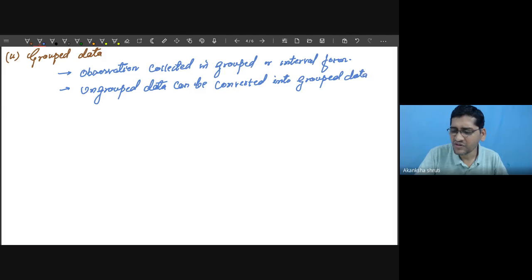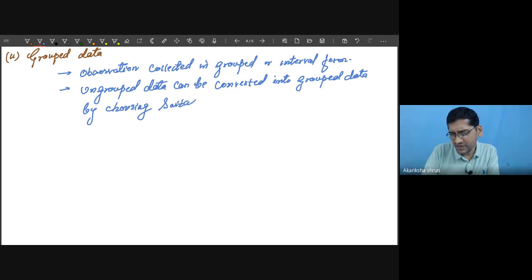How? By choosing suitable interval for grouping.